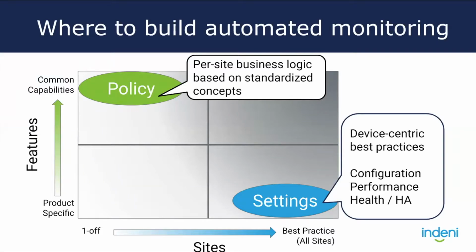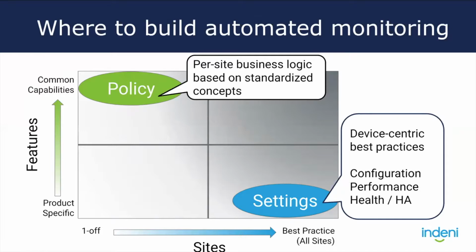The problem with doing the abstraction and the automation for policy is that policy has got to be different for every single site. You know, otherwise we wouldn't have policies to configure. Every single site has slightly different business needs.